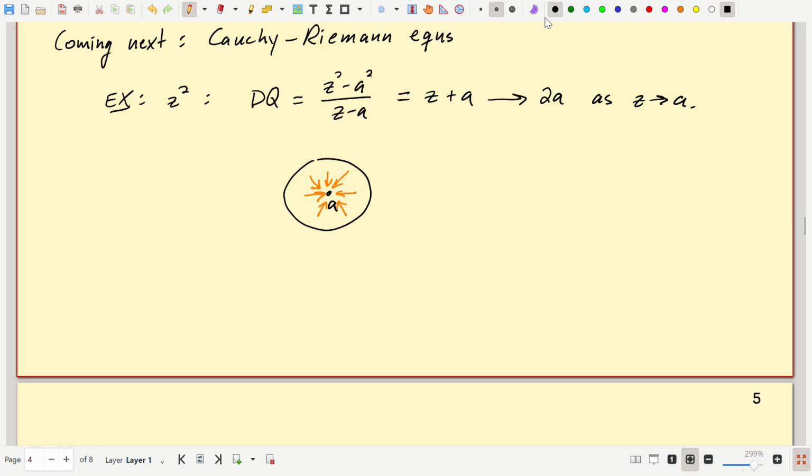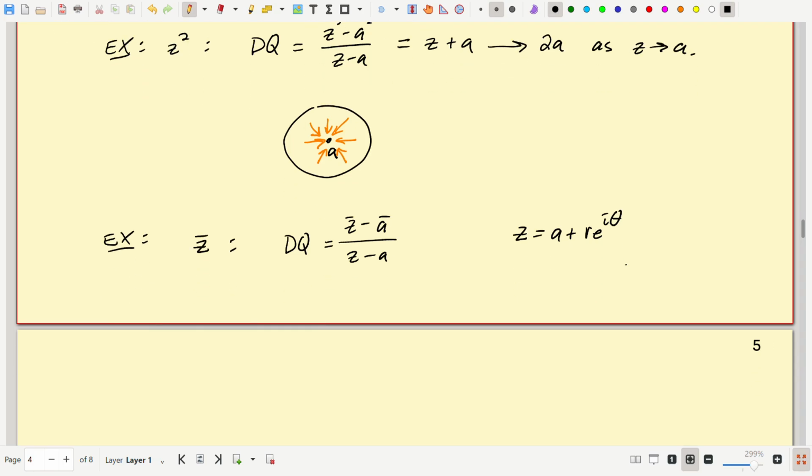Okay, and last time I showed you this example, z bar. The difference quotient is z bar minus a bar over z minus a. If I write z equals a plus something tiny, r e to the i theta, thinking of r as small, I could describe the points in the disk by that.